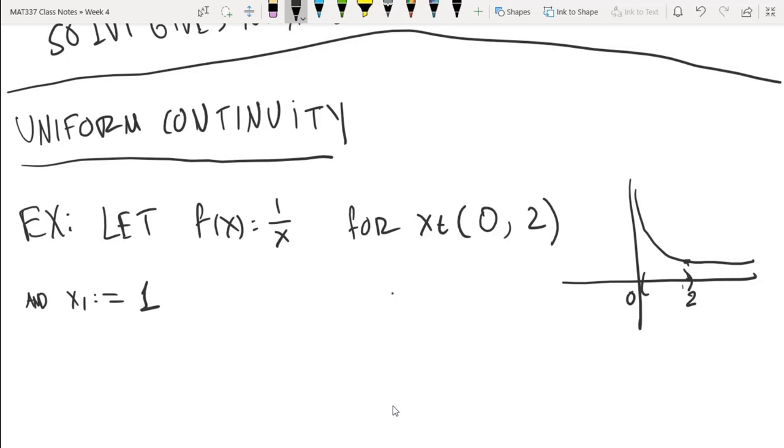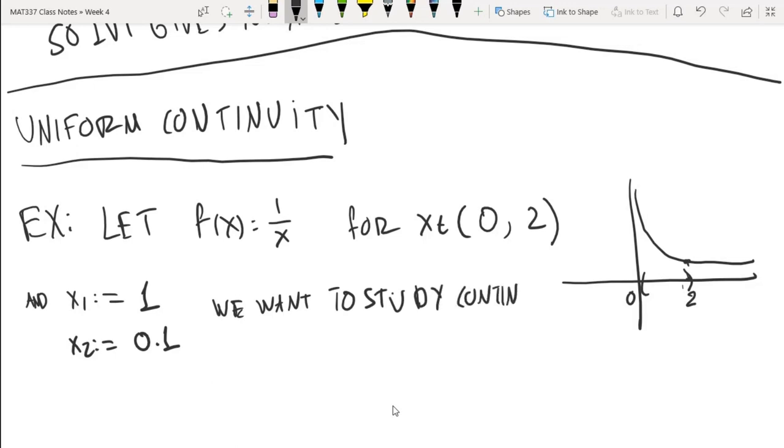So take x1 to be 1 and take x2 to be 0.1. We want to study continuity of f at x1, x2.